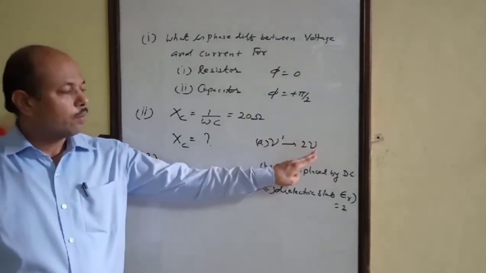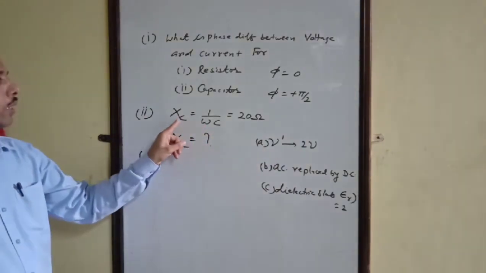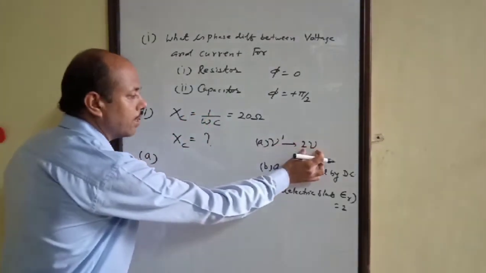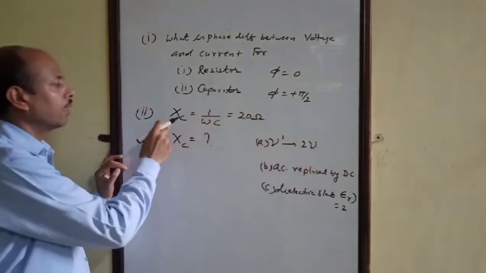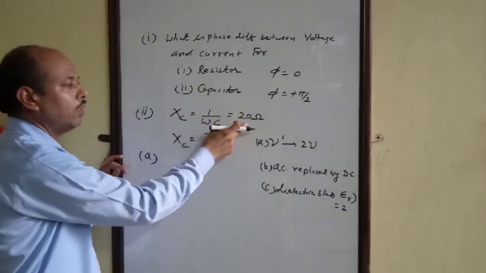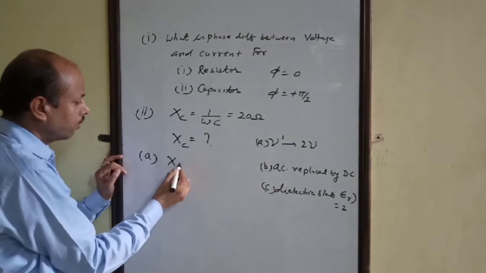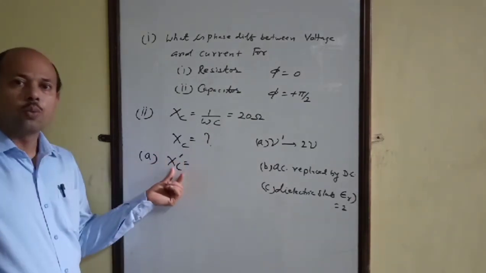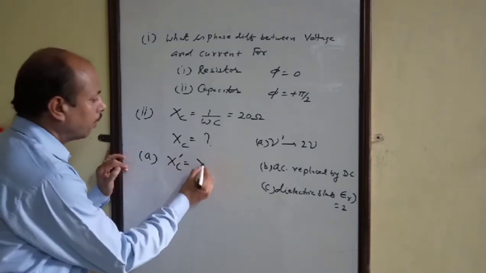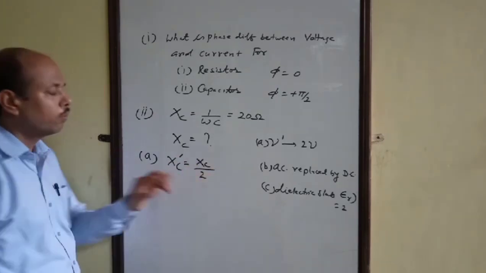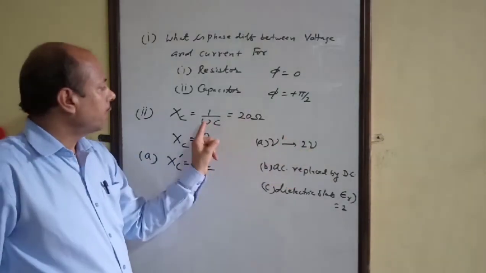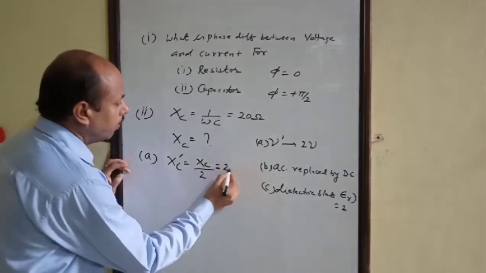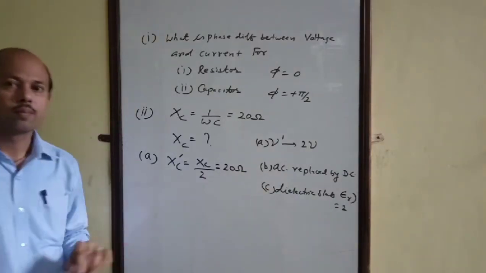In part A, AC frequency becomes double. Since we know that Xc equals 1 upon omega C, therefore when frequency becomes double, capacitive reactance will become half. Therefore, in the first case Xc dash, the new capacitive reactance, will be Xc by 2, because frequency becomes double, and here we know that omega equals 2 pi nu, therefore it will become 10.